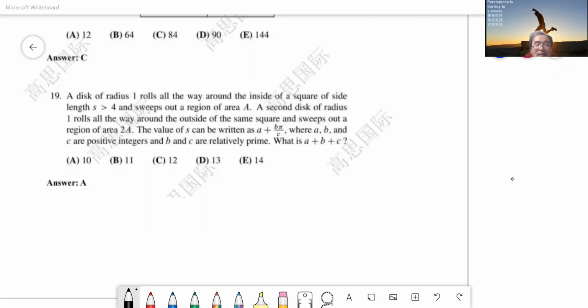The value of s can be written as (a plus b pi) over c, where a, b, and c are positive integers and b and c are relatively prime. What is a plus b plus c?